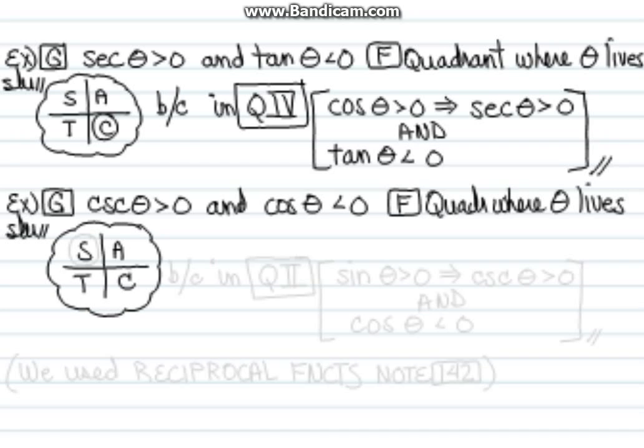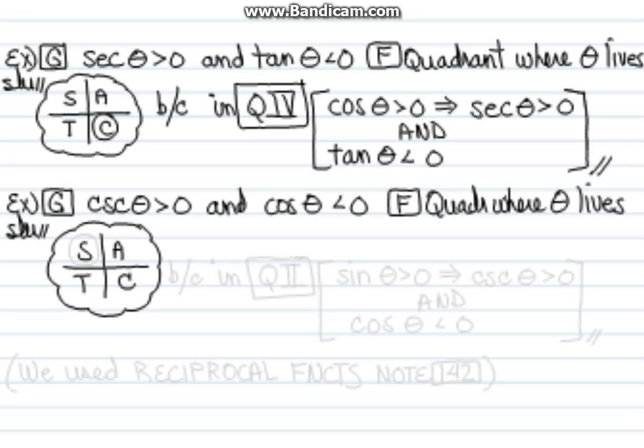Where is the cosecant going to be positive? Well, the cosecant is a reciprocal function of the sine. That will happen in quadrant 1 and quadrant 2, because in quadrant 1, all of the trig functions are positive, but in quadrant 2, only the sine and its reciprocal cosecant are going to be positive. So it's either quadrant 1 or quadrant 2 at this point.